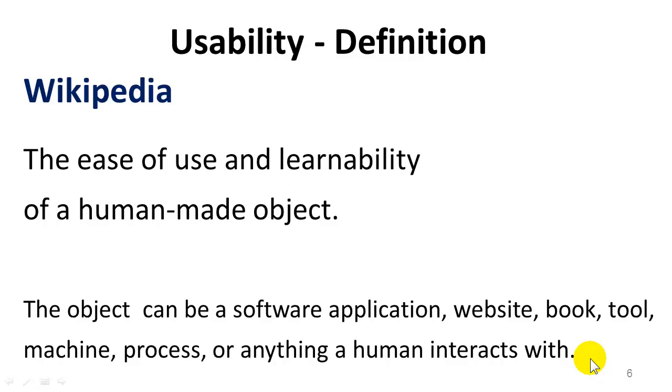The Wikipedia definition is the ease of use and learnability of a human-made object, meaning software, website, book, tool, machine, process, or anything that we would interact with. Notice that they are including the term learnability.